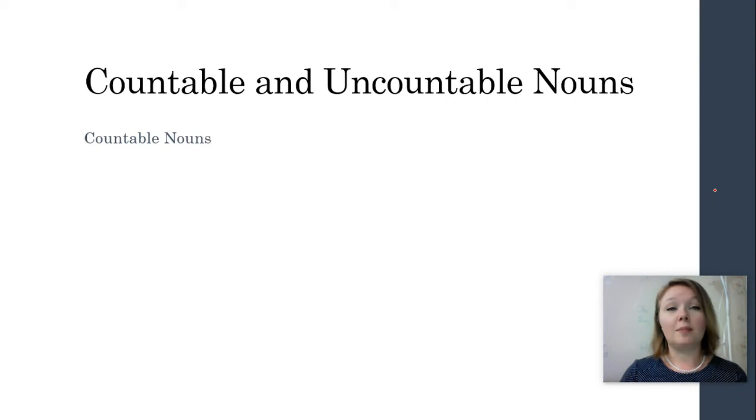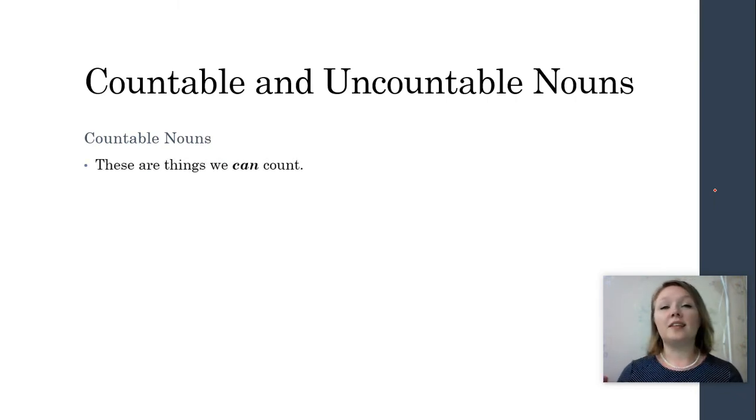First, let's talk about countable nouns. Countable nouns are things we can count. And remember that the word count means like 1, 2, 3, 4, 10,000, a million, right? Count. So countable nouns are things we can count.